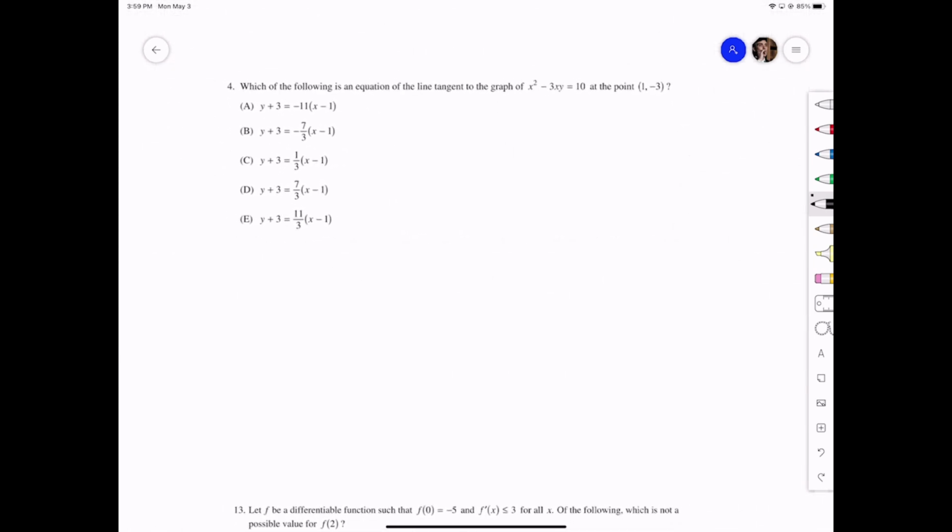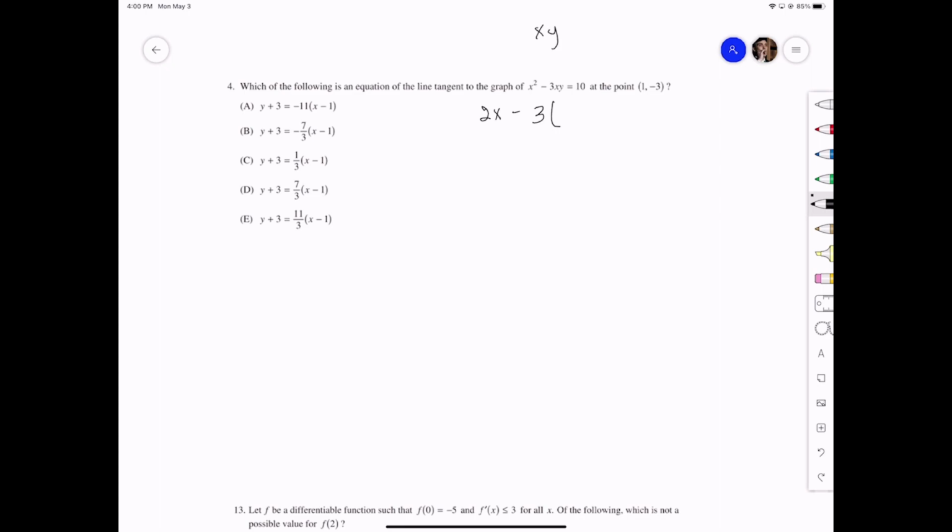So what is the equation of the line tangent to the graph of x squared minus 3xy equals 10 at (1, -3)? This is implicit differentiation. So 2x minus 3, and then for xy we have to do product rule.